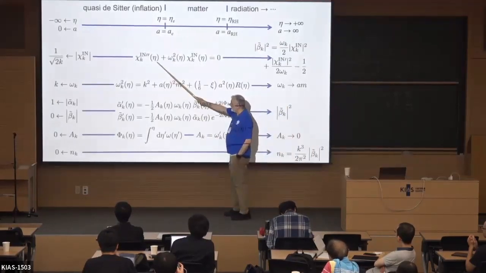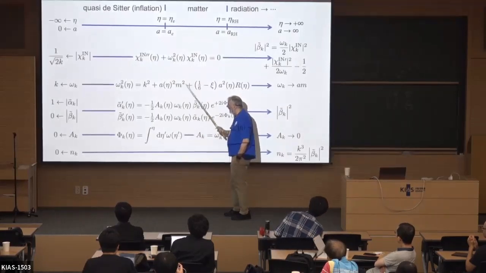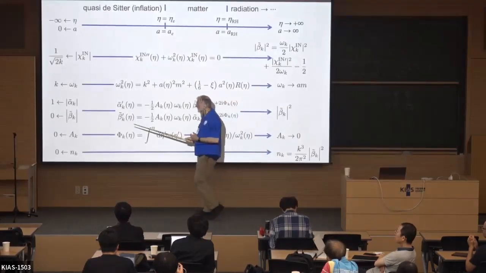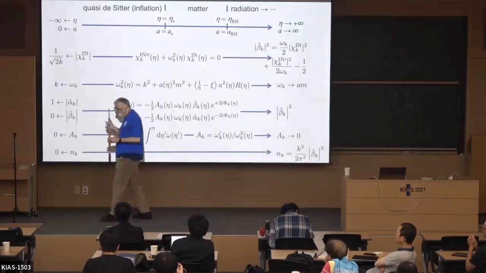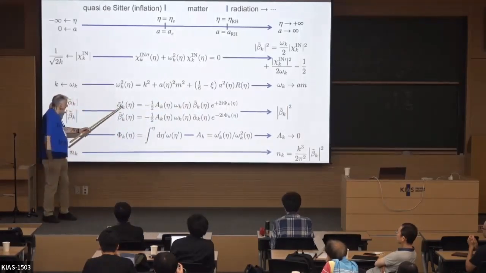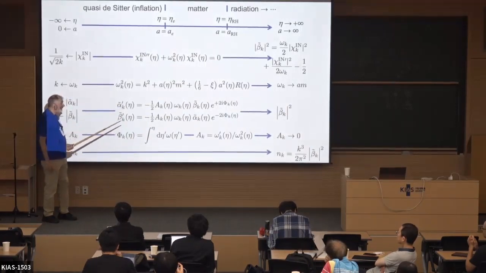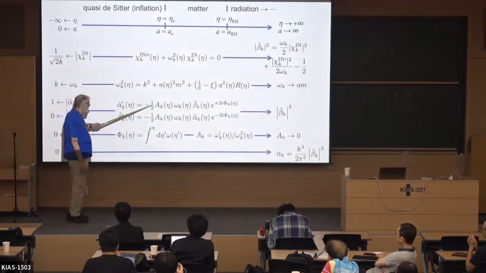So I can integrate the mode equation with this value of omega k squared, or I could integrate the two first-order differential equations for alpha k tilde and beta k tilde. I wrote these out before.